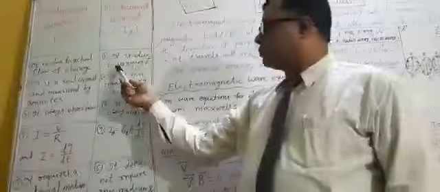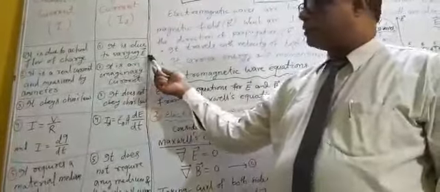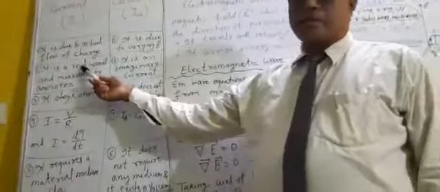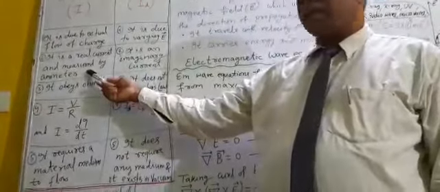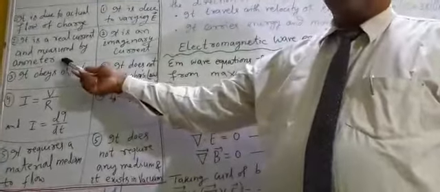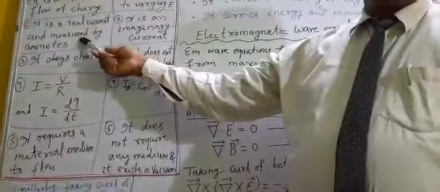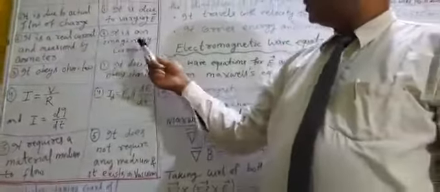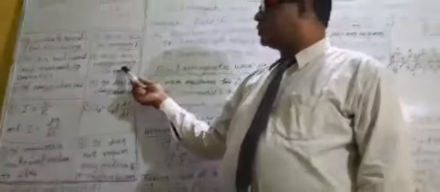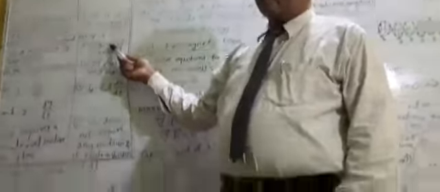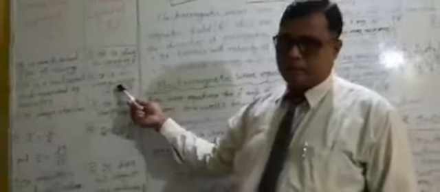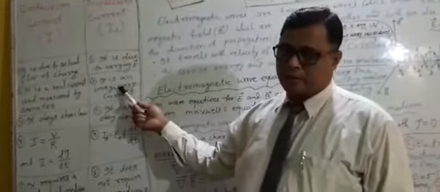Displacement current is due to varying electric field. Conduction current is a real current and measured by ammeter. So you can measure the conduction current by instrument ammeter. But here it is an imaginary current and you cannot measure by ammeter.